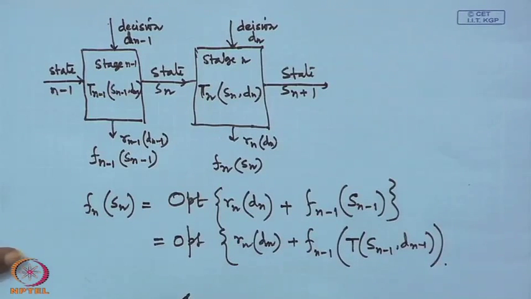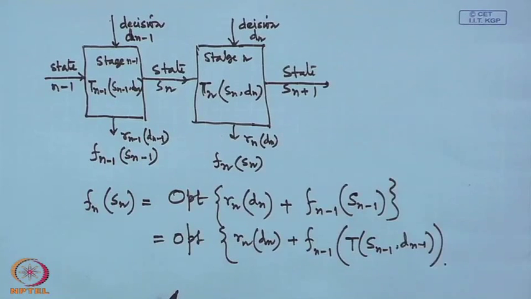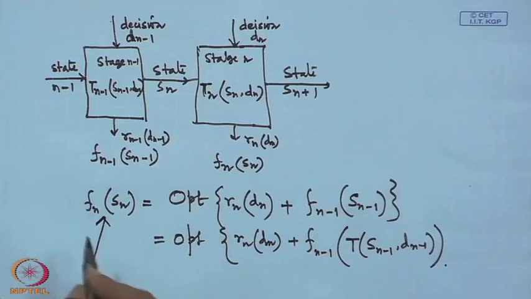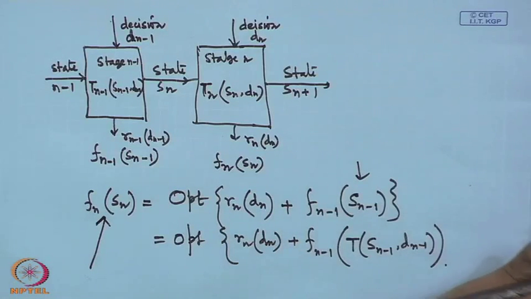That is the basic idea for considering the optimal solution of the current state. We have considered the forward recursive relation: I am calculating the optimal value for the nth stage, which is dependent on the optimal value of the previous stage. That is the principle of optimality, as I explained before.